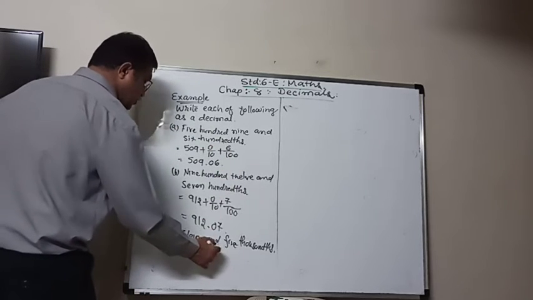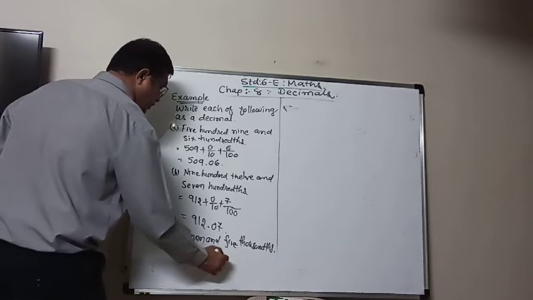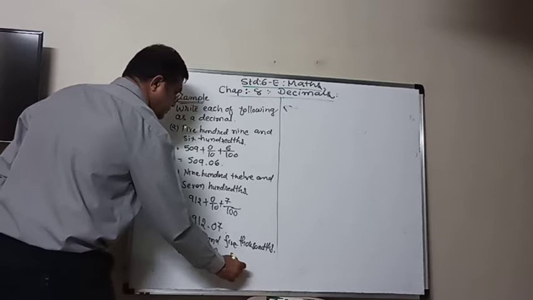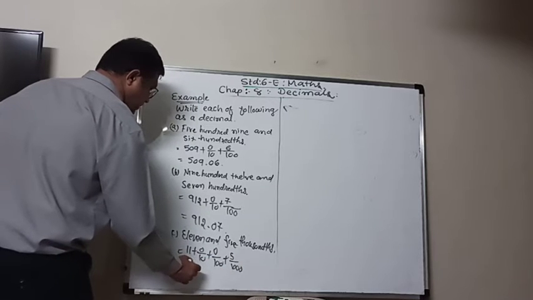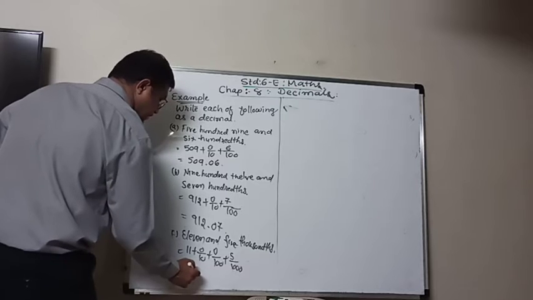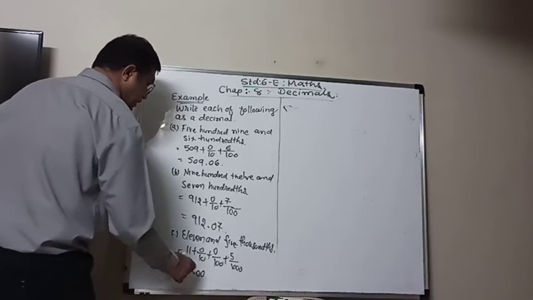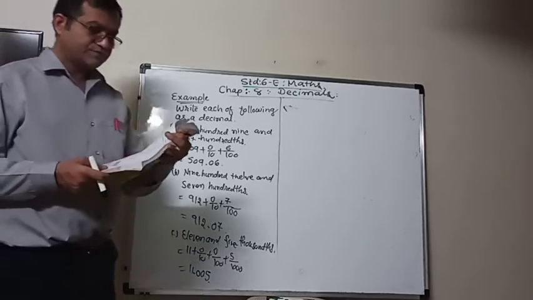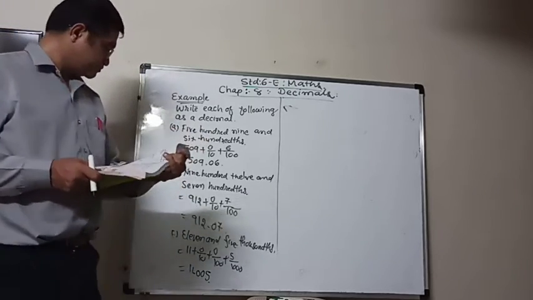There is no hundredths also, so 0 upon 100, and 5 upon 1000. So in the place of tenths and hundredths, we will write zeros. So 11.005 will be the answer.